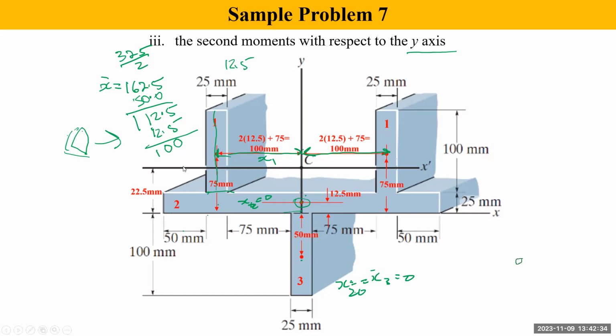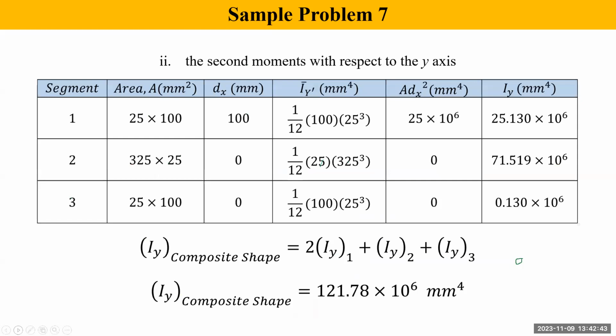Because you need to find the inertia, you need to establish those things. And because of that, it makes the problem a little bit simpler, as it's given. So as a result, x2 is 0, x3 is 0, and only x1 is 100.